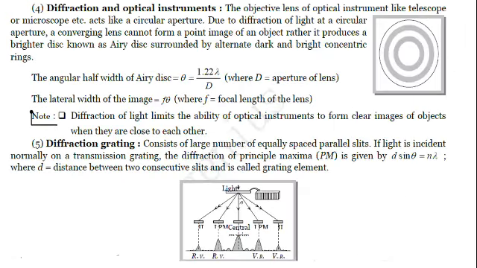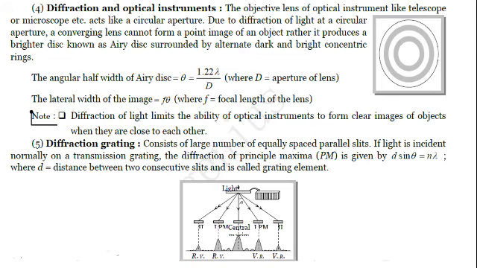Okay, so now coming to the next, diffraction in optical instruments, guys. Actually, it is very, very important in optical instruments. Whenever you look at objects through instruments like a telescope or microscope, they won't resolve the objects perfectly. Okay, what do you mean by the word resolving of the object? The minimum distance between two objects to show them distinctly is called the resolving limit.